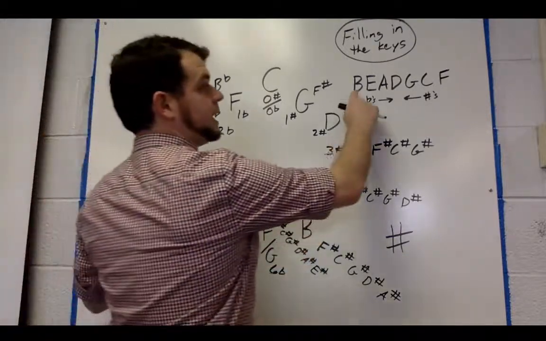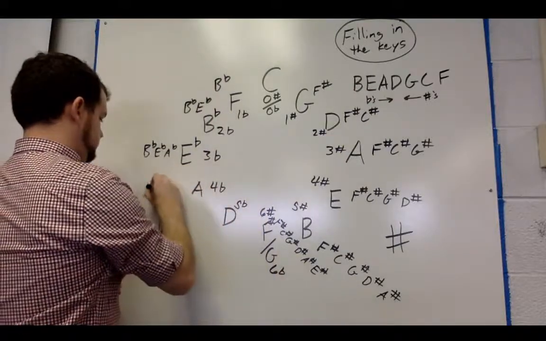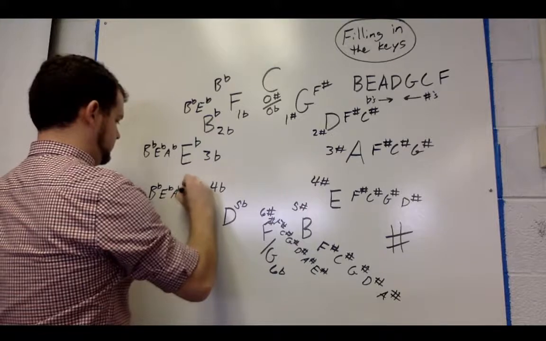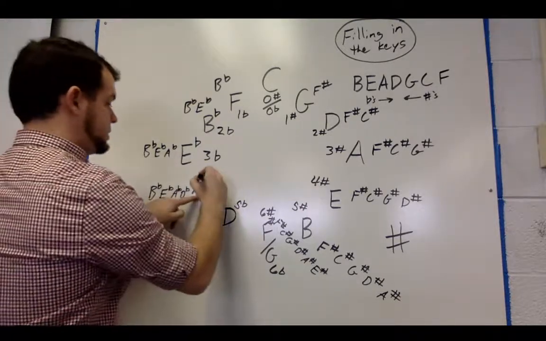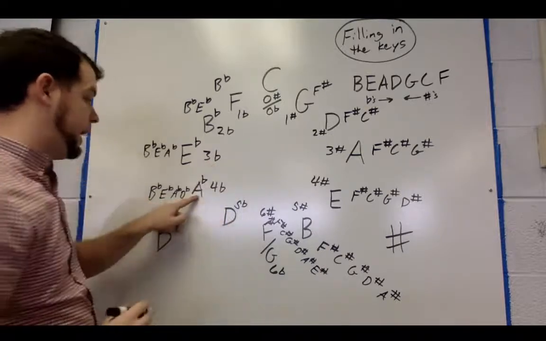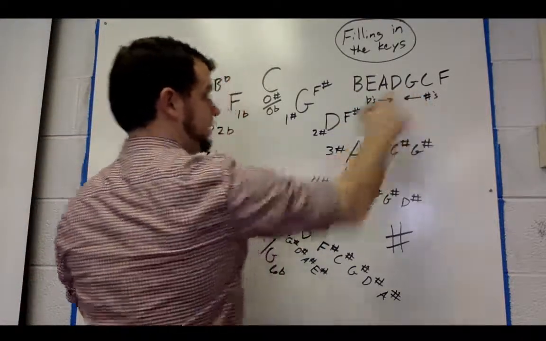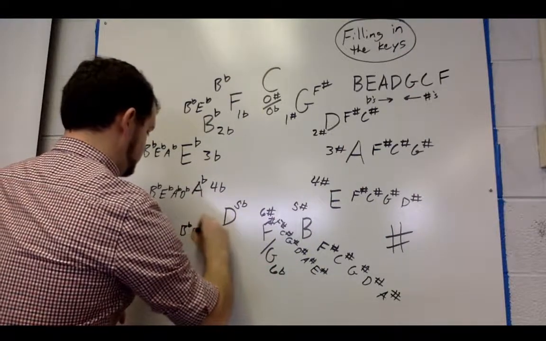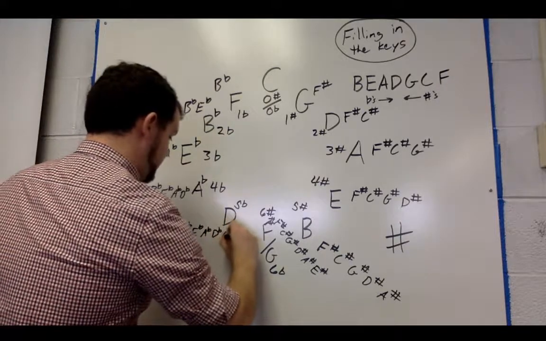A has 4 flats, B, E, A, and D. As you can see, we have an A flat in the key, so A has to be called A flat. 5 flats, B, E, A, D, and G in order. B flat, E flat, A flat, D flat, and G flat.